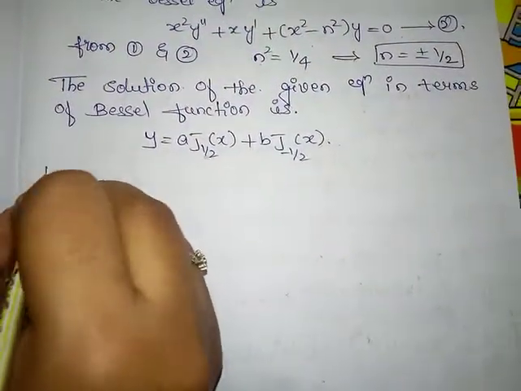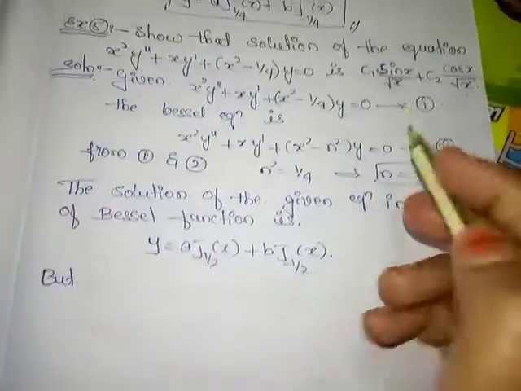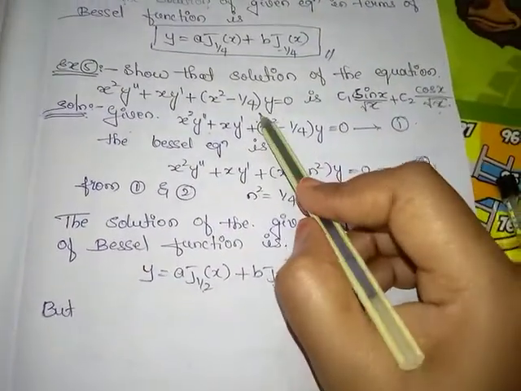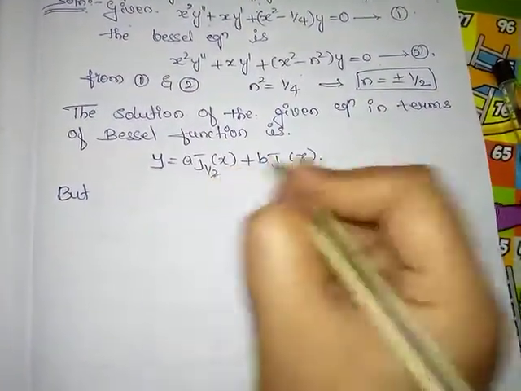But we know that this is a solution, but we have to show that the given solution of the given equation is this. For that we have to use the result of J_{1/2}(x) and J_{-1/2}(x).